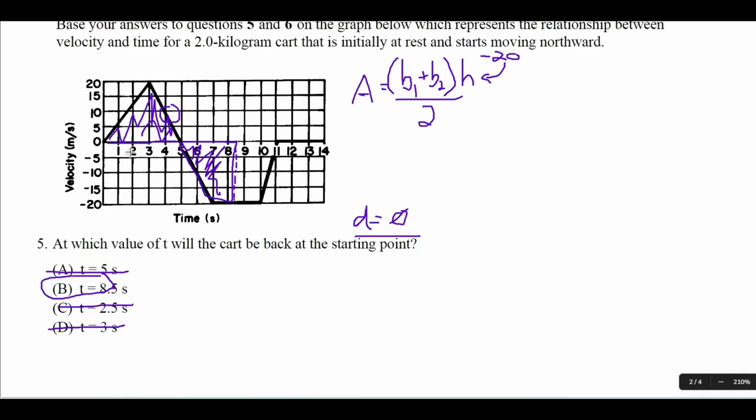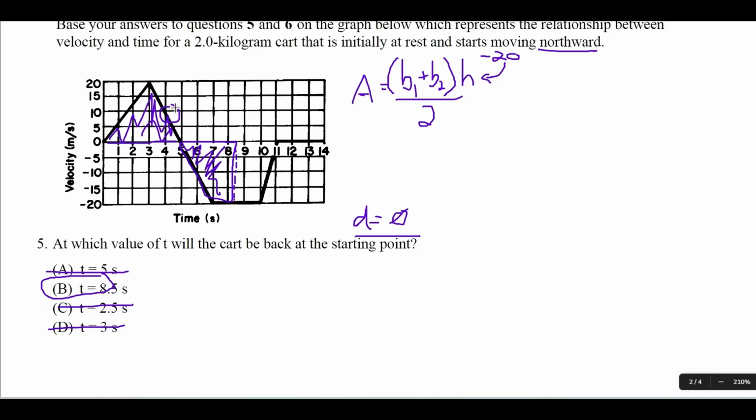Remember, this is a velocity graph. On velocity graphs, the sign of the velocity is telling us the direction we're moving. Because this graph is still on the positive side, the velocity is positive, meaning it's still going to move in the positive direction. It says before that the car starts moving northward, so it's going to be moving northward this entire time.